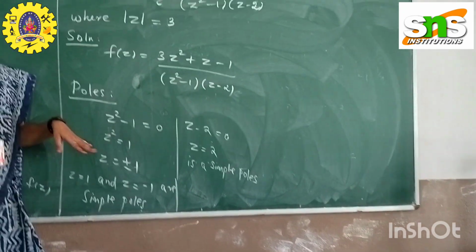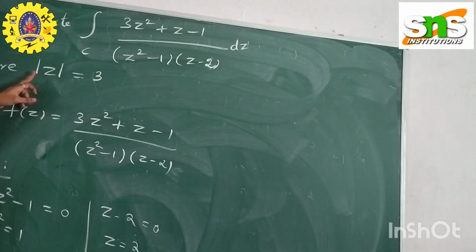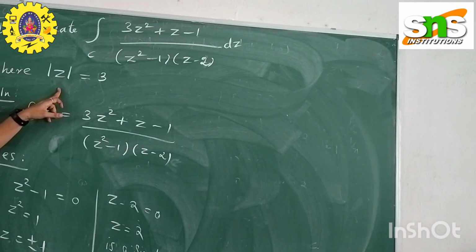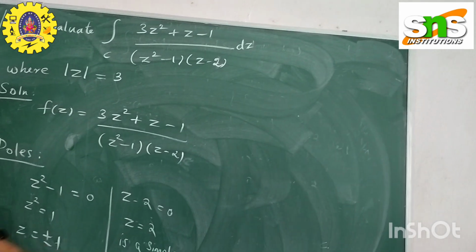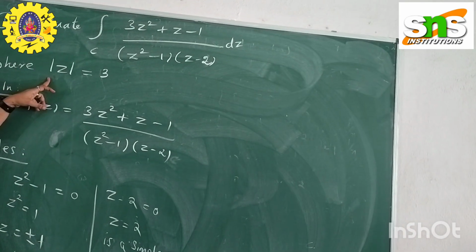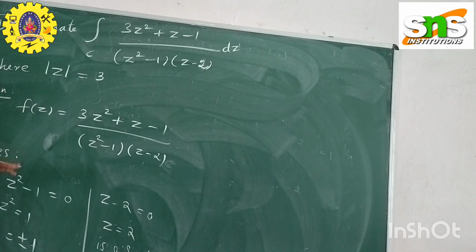Next step, we have to find whether these poles lie inside the given circle. The given circle is modulus of z equal to 3. Let us substitute all 3 points and find whether each lies inside or outside.